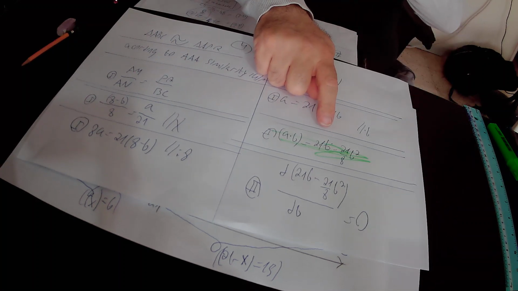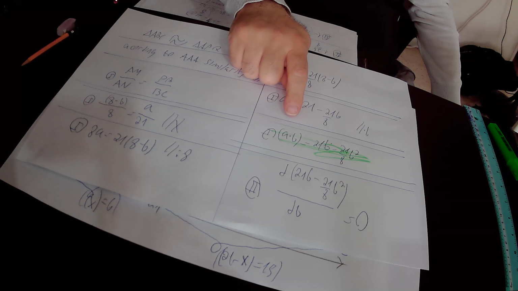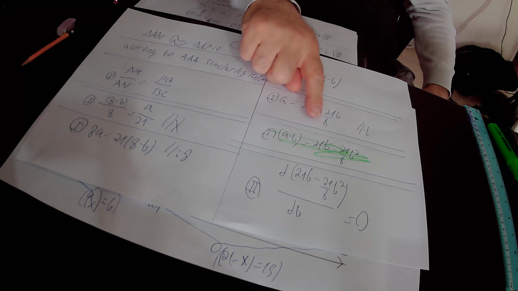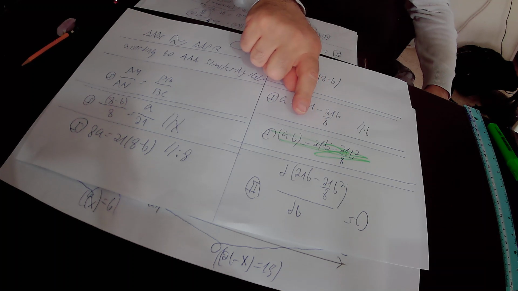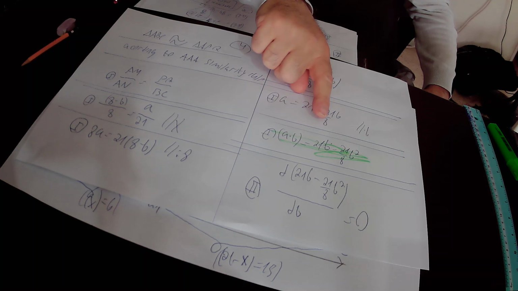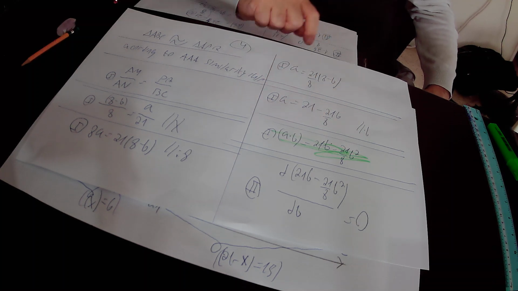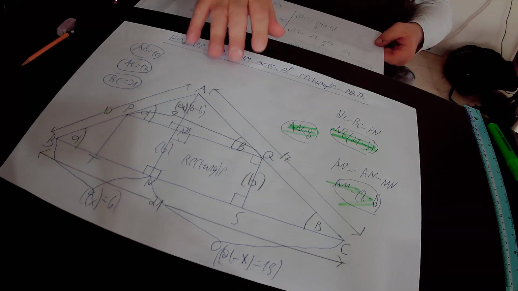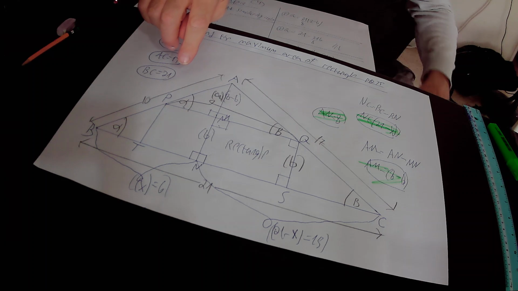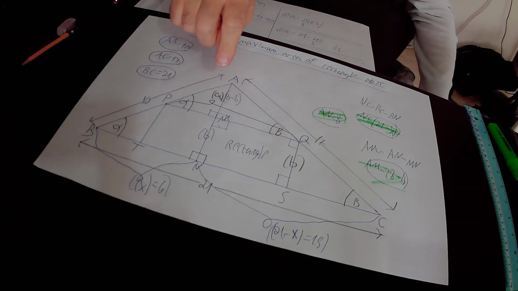b is the independent variable and the area is the dependent variable, because when we determine the value of b, then the value of the area will be determined by the value of b. So we actually found the area of this rectangle PQST as a function of b.